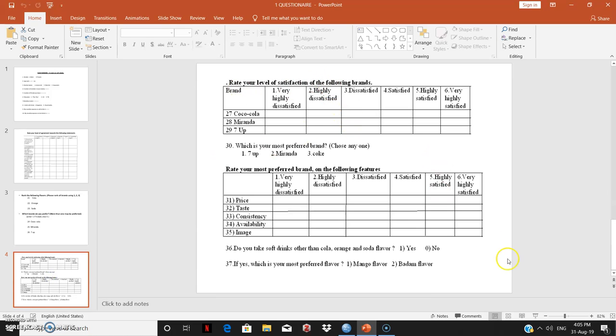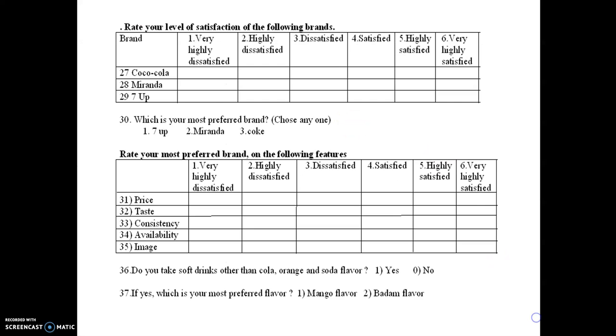Level of satisfaction. Here again, we can see that highly dissatisfied to very highly satisfied. That means this is an interval scale. And here choose any one. So this should be a nominal scale. So here again an interval scale.